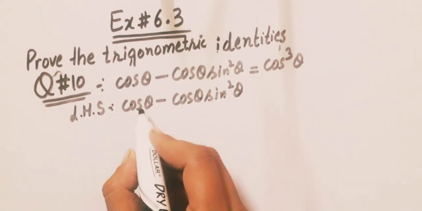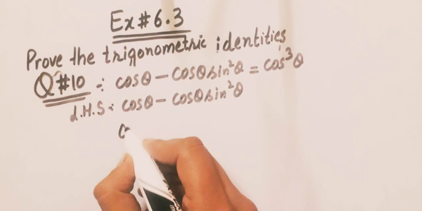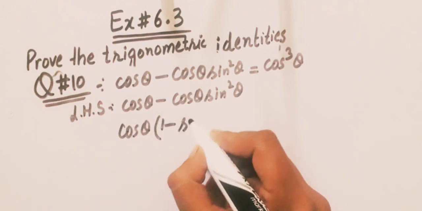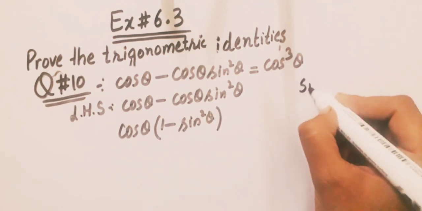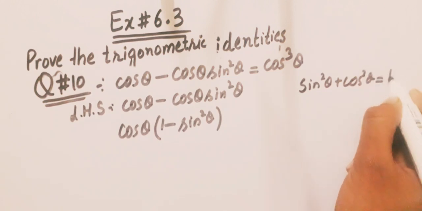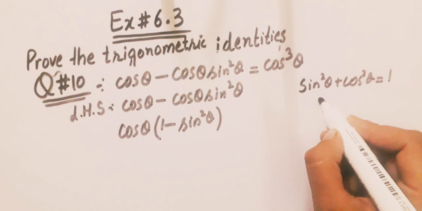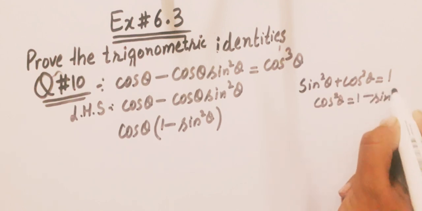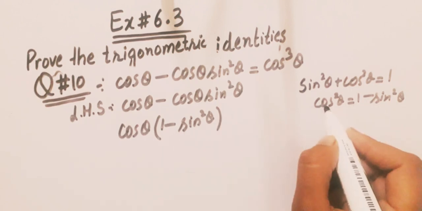First of all, we will take common cos θ. Remaining is 1 − sin² θ. Now we know that sin² θ + cos² θ = 1, so cos² θ will be equal to 1 − sin² θ. So, 1 − sin² θ is equal to cos² θ.